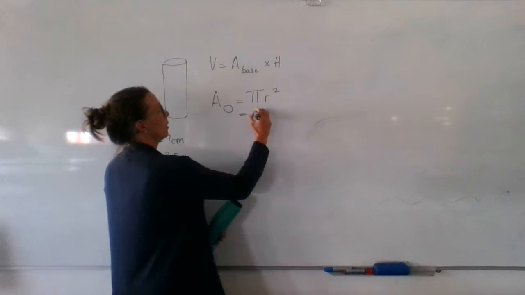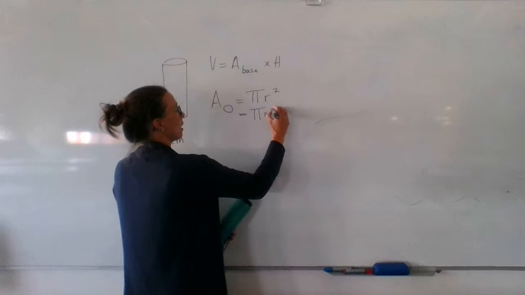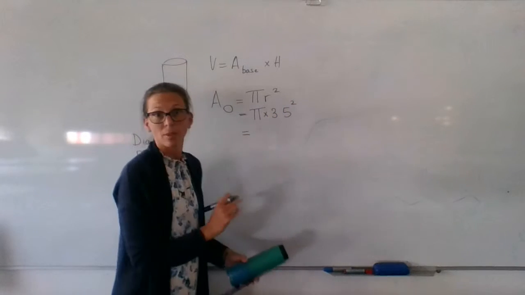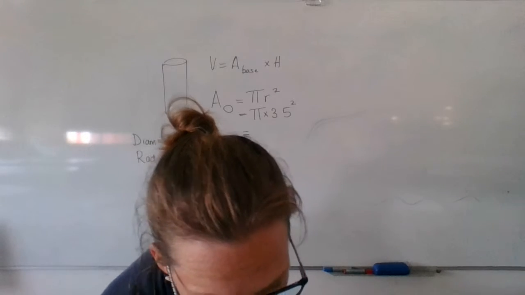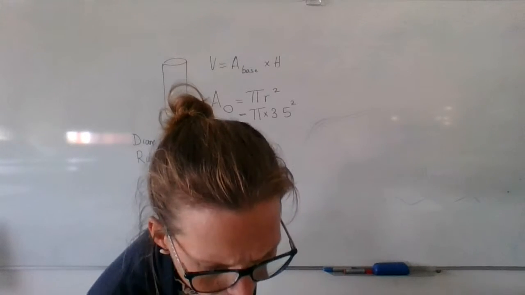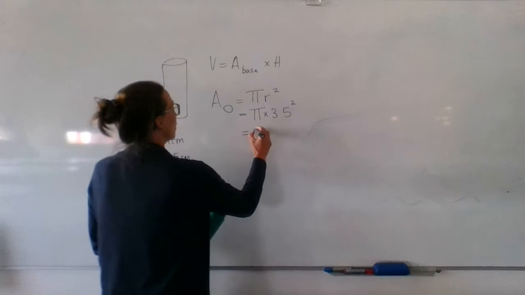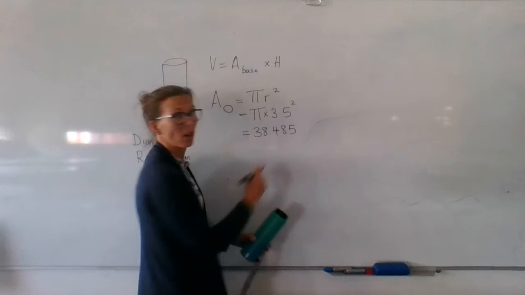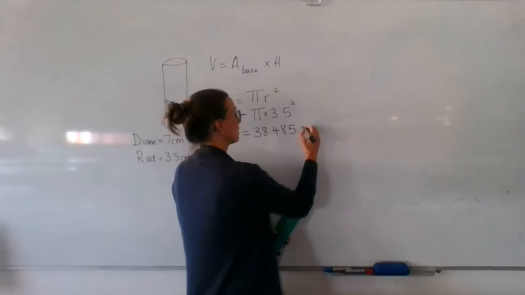So area equals pi times 3.5 squared. If I pop that in my calculator, I get 38.485, rounded to 3 decimal places.